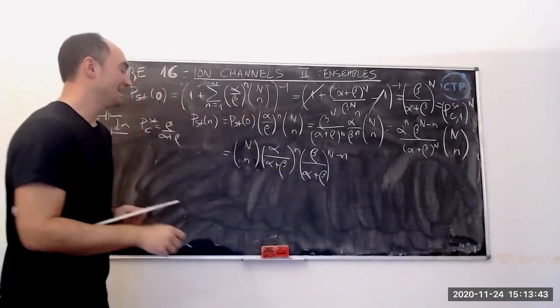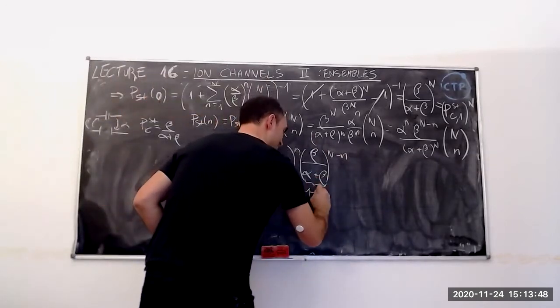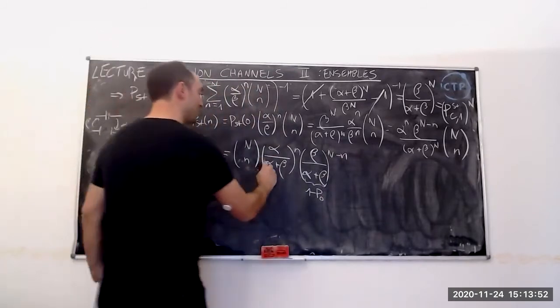And remember, this was the probability to be closed. So this is 1 minus the probability to be open for a single channel. And this is the probability open.